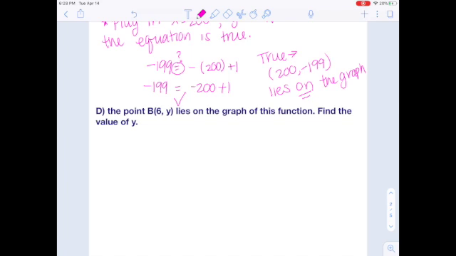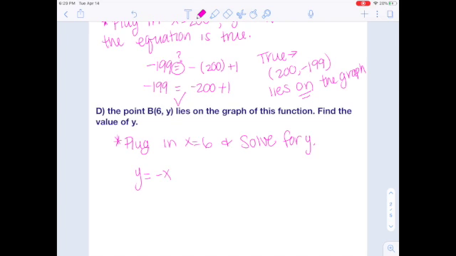Our next example is similar, but they tell you that the point B, which has an x value of 6 and is missing a y value, which we're going to find soon, lies on the graph of the function. So we can find the value of y. What we're going to do is plug in what you know. We know that x is equal to 6, and we're going to solve for y.